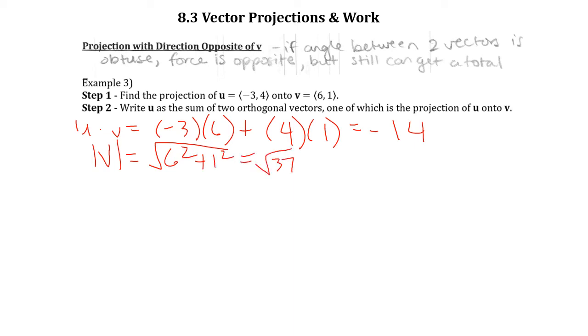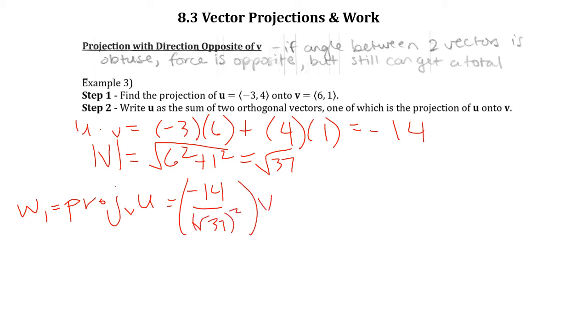And that's one of the main reasons it's a pain, because of the square root of 37. Okay, projection. We are finding W1, which is the projection of U onto V. So we take our negative 14 over the square root of 37 squared times V.